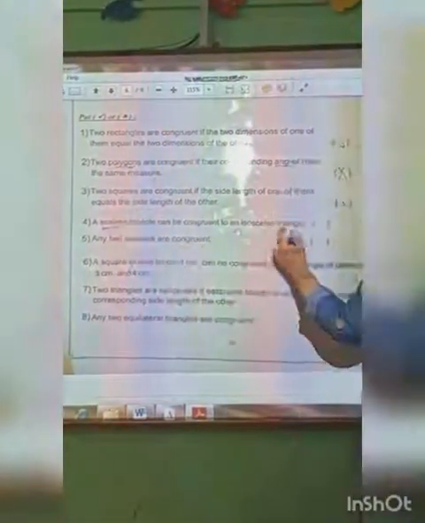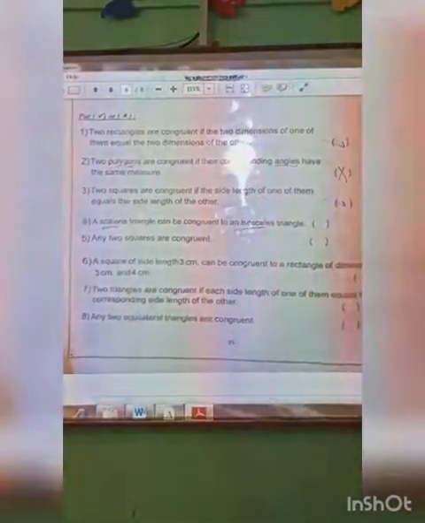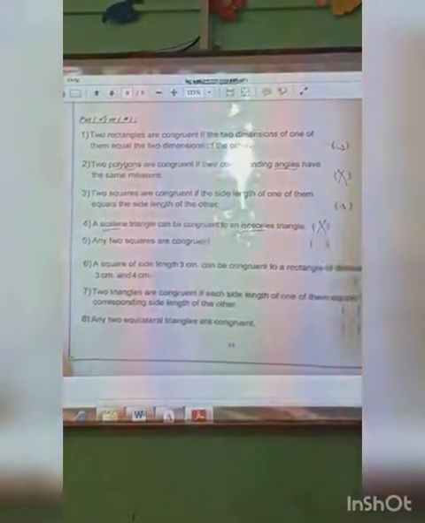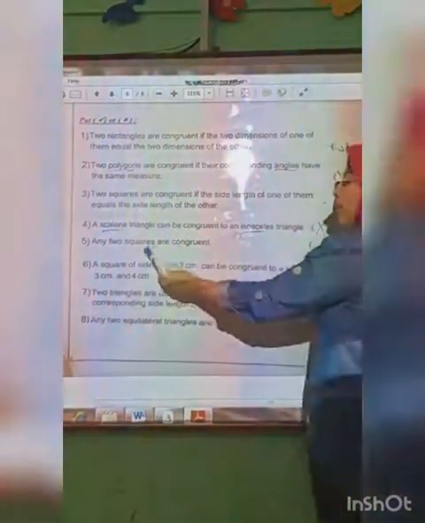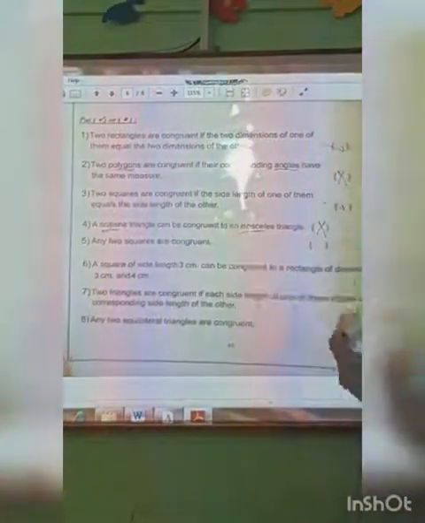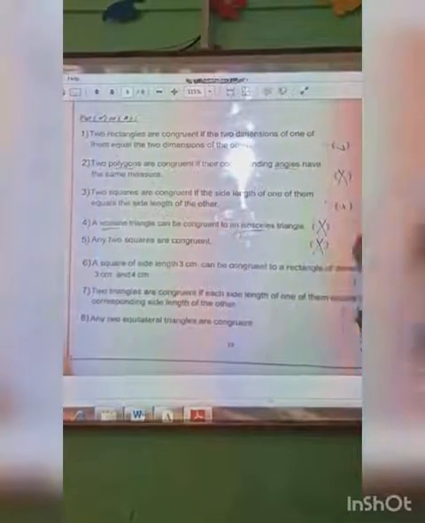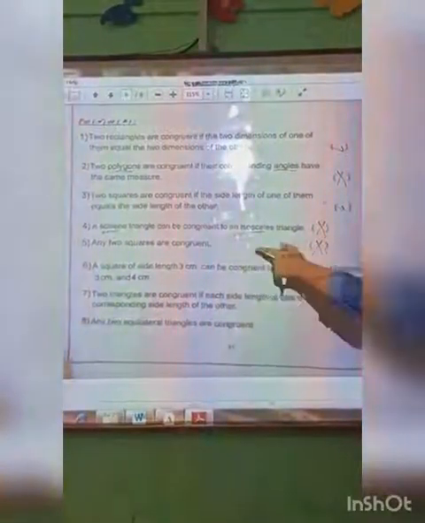Are they twins and is it the isosceles triangle? No. So it's wrong. Any two squares are congruent? No, it's wrong. I need to make sure that one side of them is equal to the corresponding side of the other square.